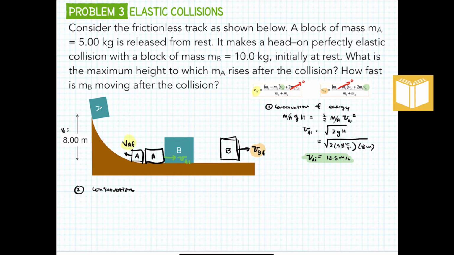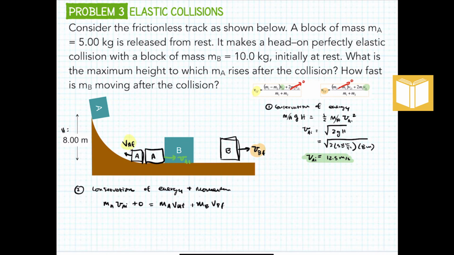this is actually conservation of energy and momentum. So to be clear, you don't have to use these formulas. You could actually do the momentum part. I'll write it out just for the sake of it. It would be MA VA initial plus 0 is equal to MA VA final plus MB VB final.